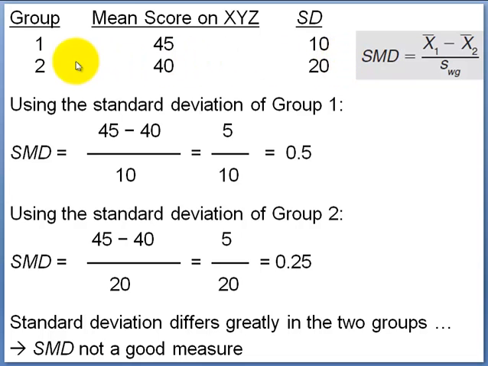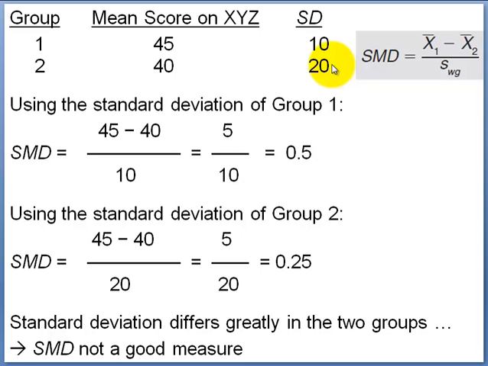But take a look at this data here, and you've got this difference of 5 points. The problem here is that the standard deviations differ considerably in the two groups. So the question comes, which standard deviation would one use in the calculation? If we would choose to use the top standard deviation, our SMD would calculate to 0.5.